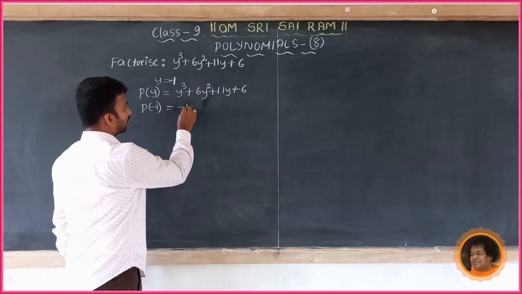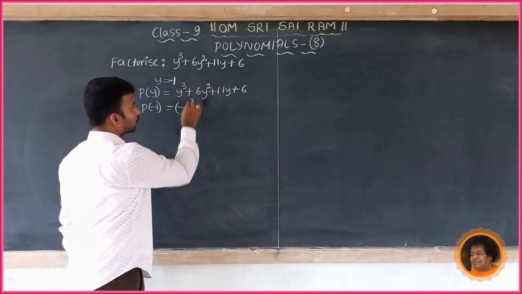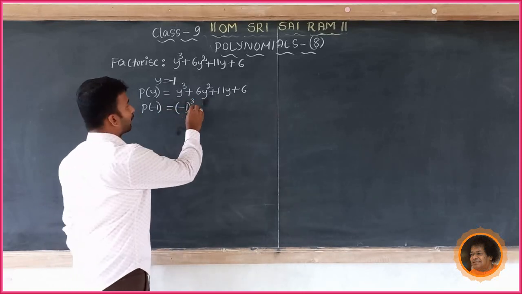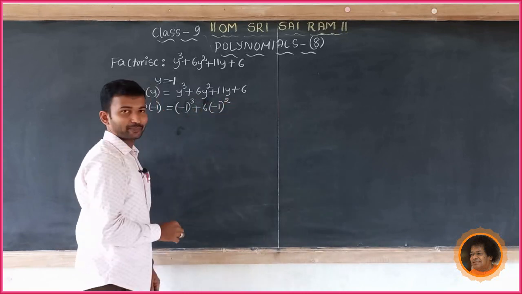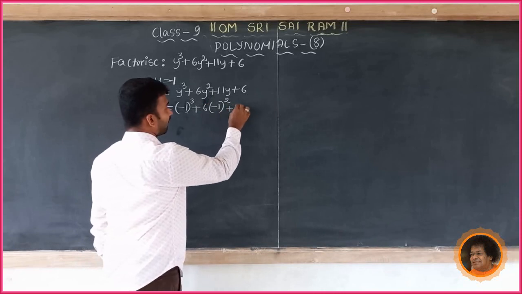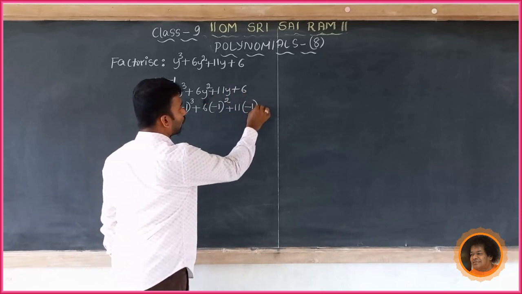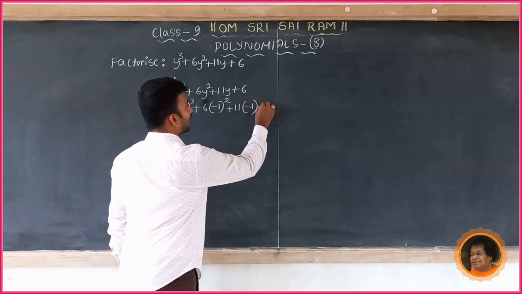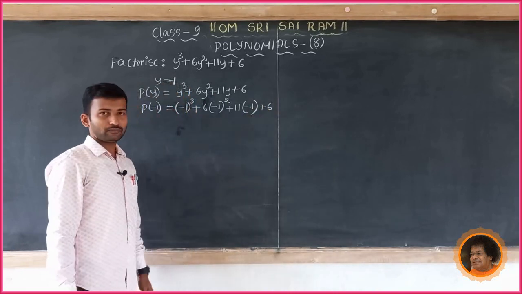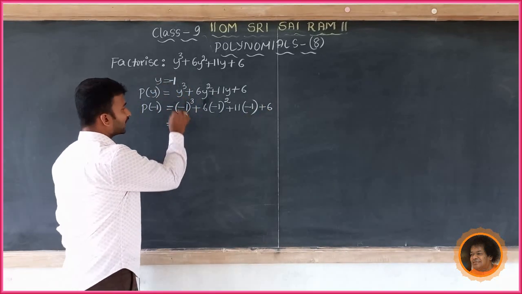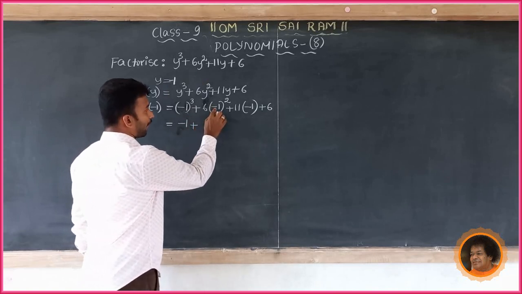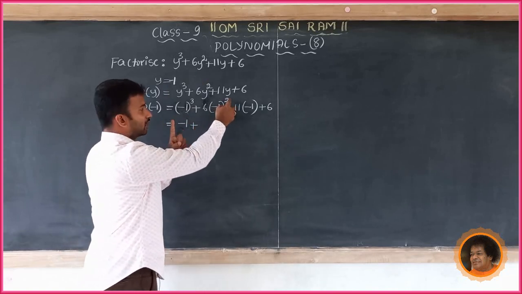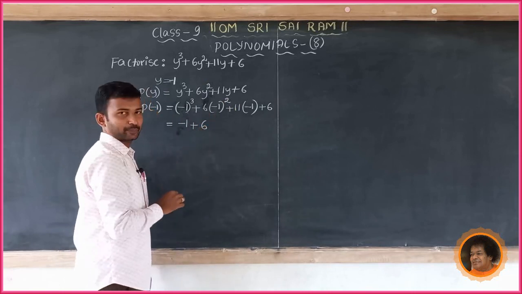P of minus 1 is minus 1 whole cube plus 6 into minus 1 whole square plus 11 into minus 1 plus 6. Simplify. Minus 1 whole cube is minus 1, plus minus 1 whole square is 1, 1 into 6 is 6.